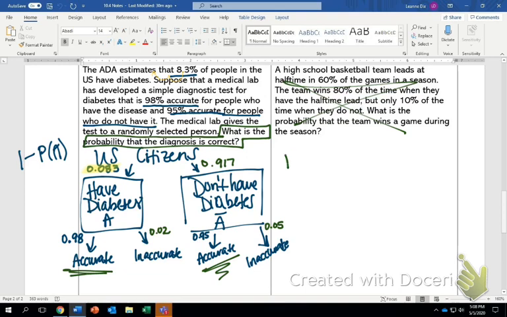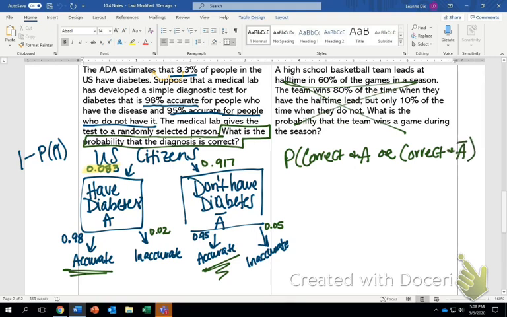So the probability is going to be correct and the person has diabetes, so we'll say and A, or it is still correct and the person does not have diabetes.